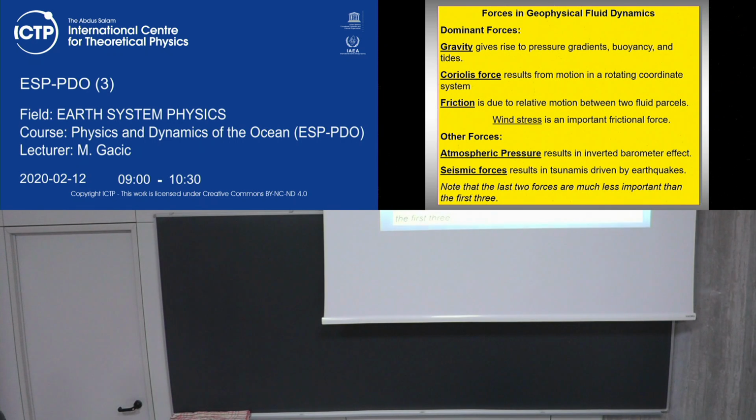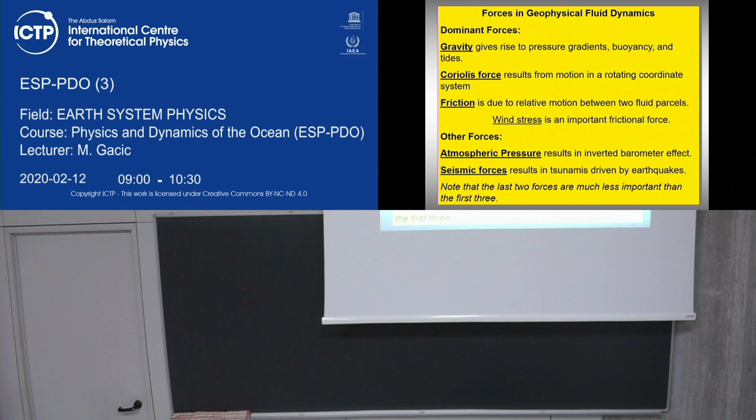Then we have seismic forces, which result in tsunamis, driven mainly by earthquakes, but not only. The seismic forces cause large oscillations of the sea level, but they are very limited in time, while the inverted barometer effect appears all the time.